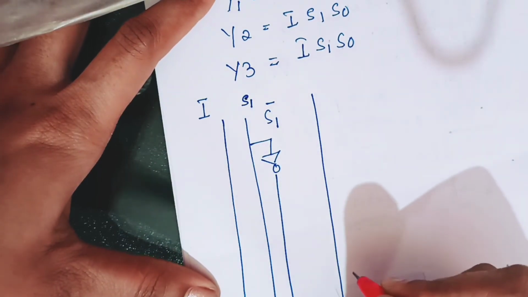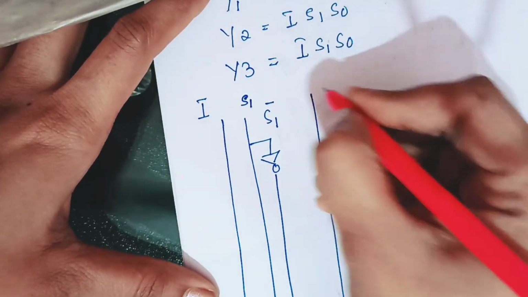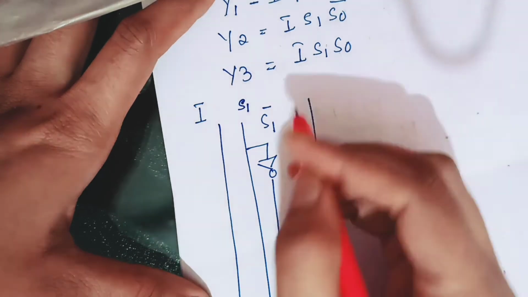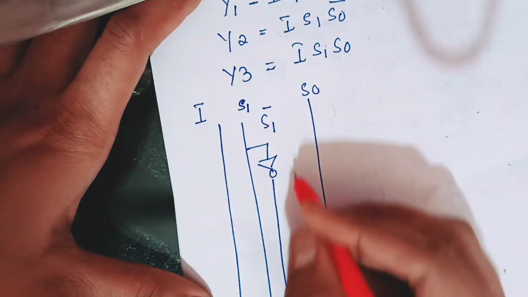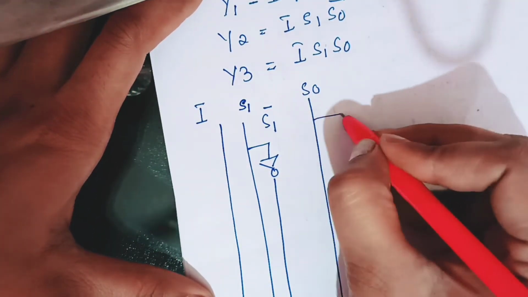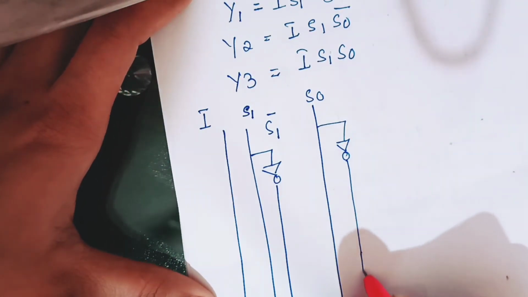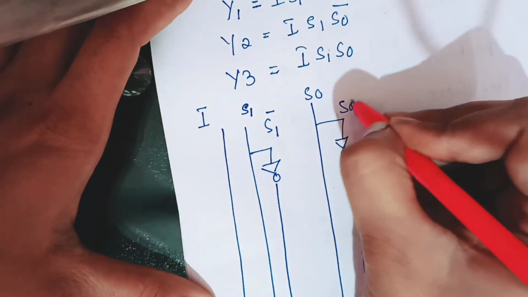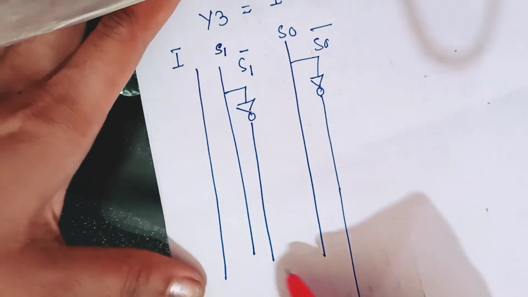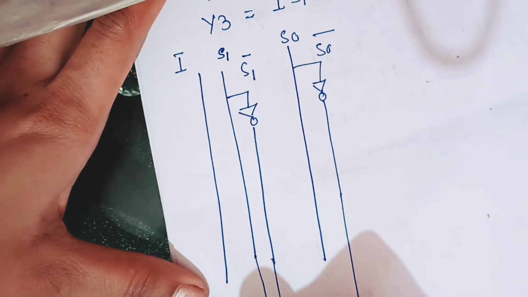Then this is your S0 line, and this is its complement form. There is an inverter connected here, and this part is your S0 bar. Okay. Clear?